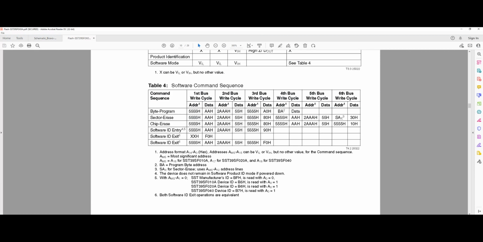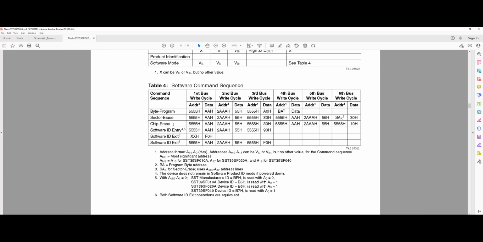So now let's go back to the chip documentation. I think we went through those, but I just want to make sure that we have a clear understanding of the operation of the chip. We have some other commands available in this chip. For example, if you want to erase the whole chip, you need to follow specific steps, which are 6 cycles here, sending those commands to the chip.